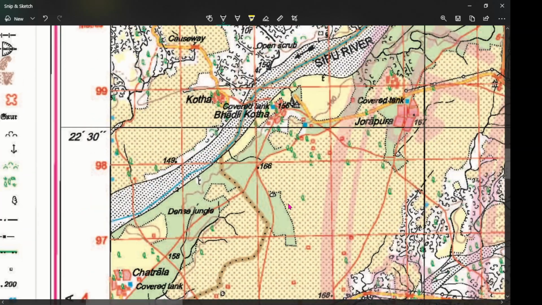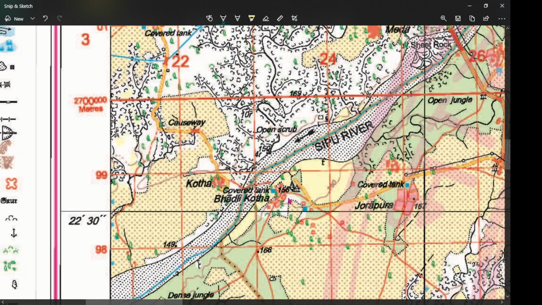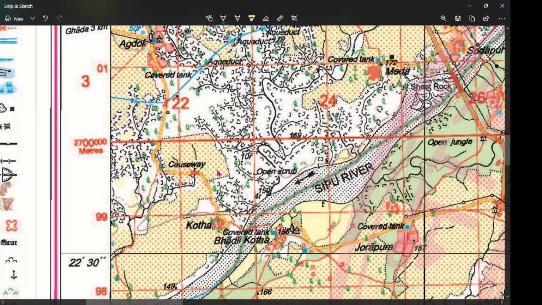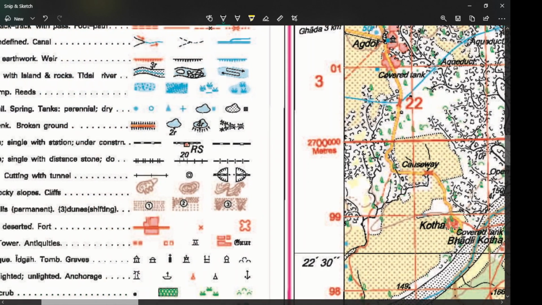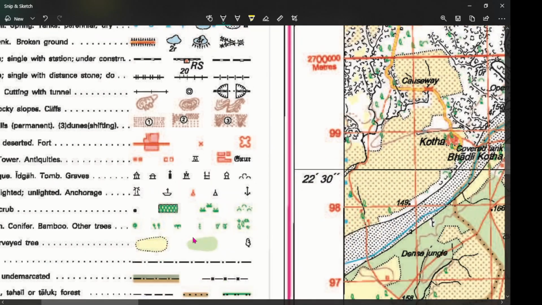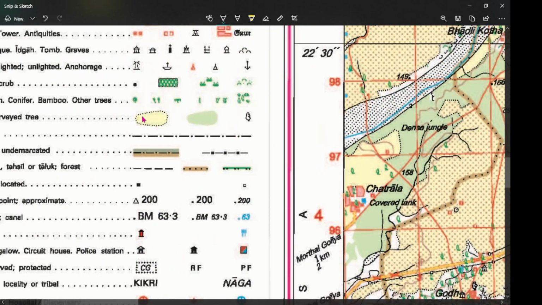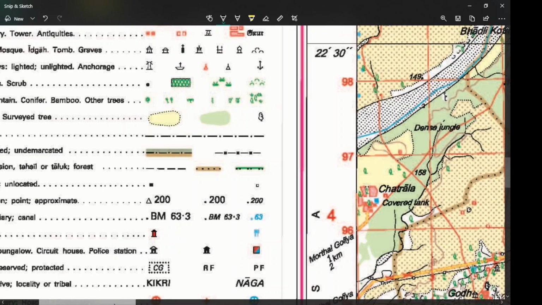Let's see if we have something like that. It seems like these are camping grounds. These particular areas apparently look like they are matching with the camping grounds or the yellow ones.